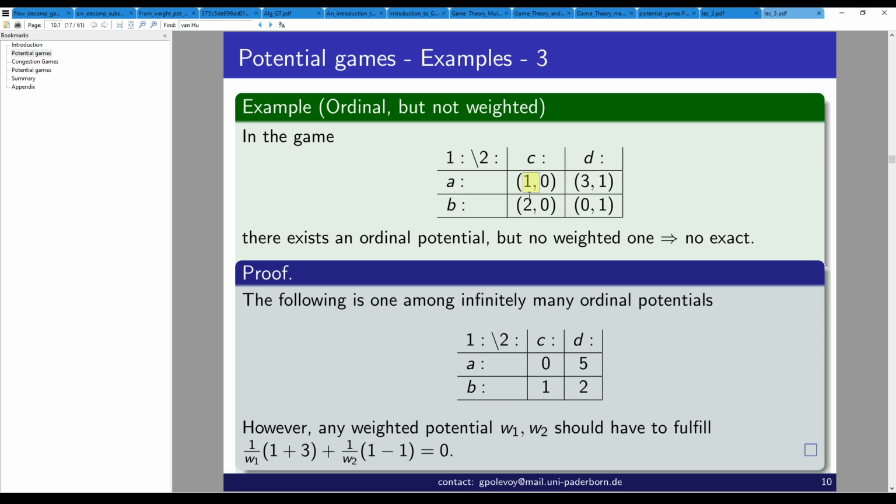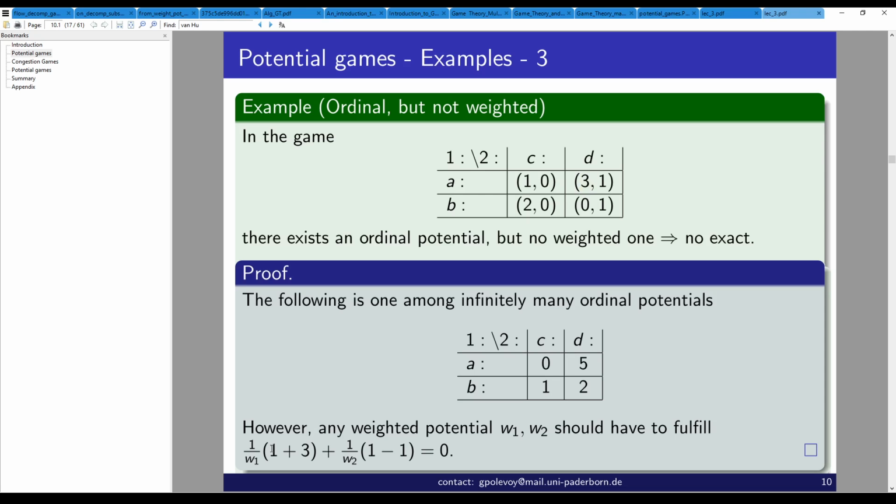So first from A to B, the only changing player, the row player, her utility increases by 1. And then the utility of the row player will change when we move from BD to AD, and her utility will increase by 3.